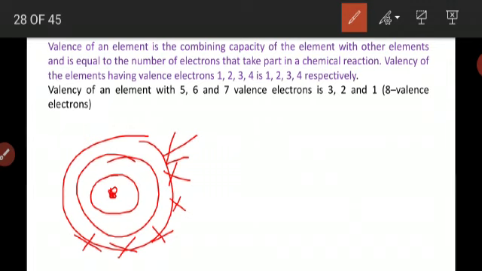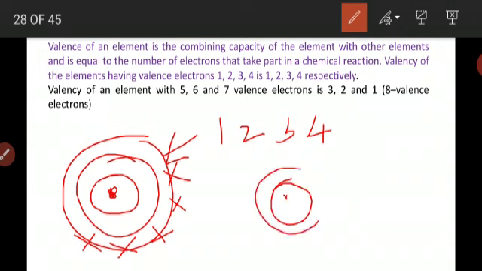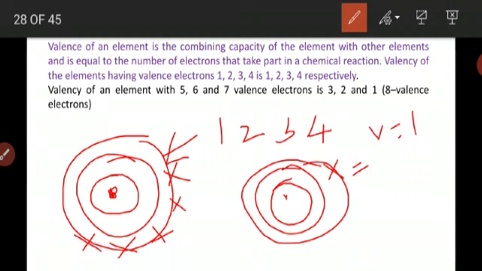Suppose the element has 1, 2, 3, 4 electrons in the outermost shell. If you take 1 electron, the valency is 1.